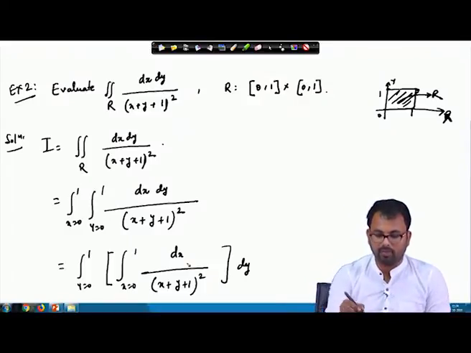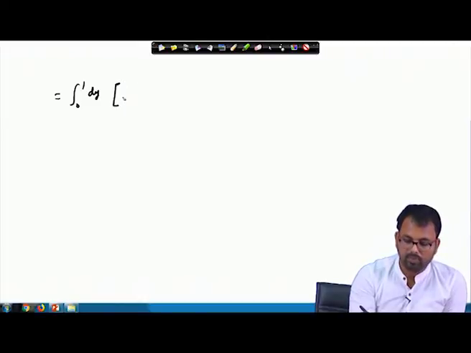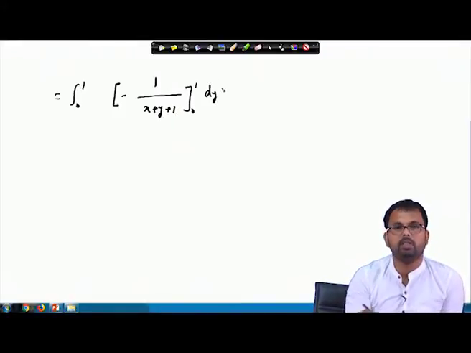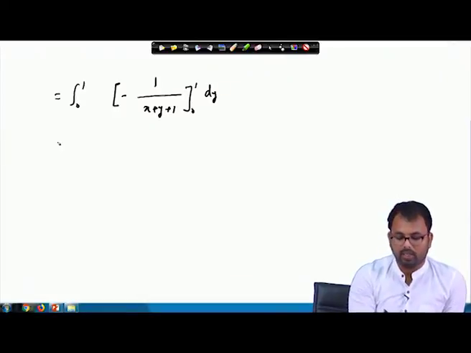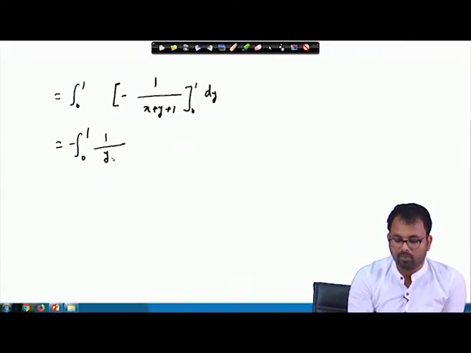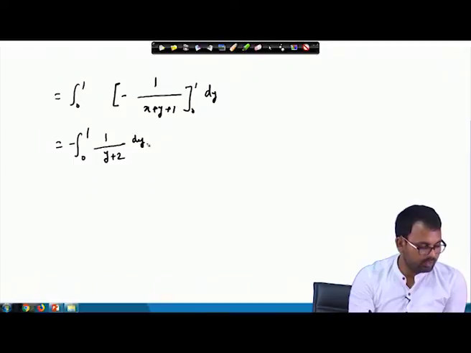And in order to evaluate that, we simply write integral from 0 to 1 dy, and then this will be minus 1 by (x plus y plus 1), which we already know from our traditional integral calculus results. And now, we can substitute the value of x here. So, this will be minus 1 by y plus 2 dy, right.